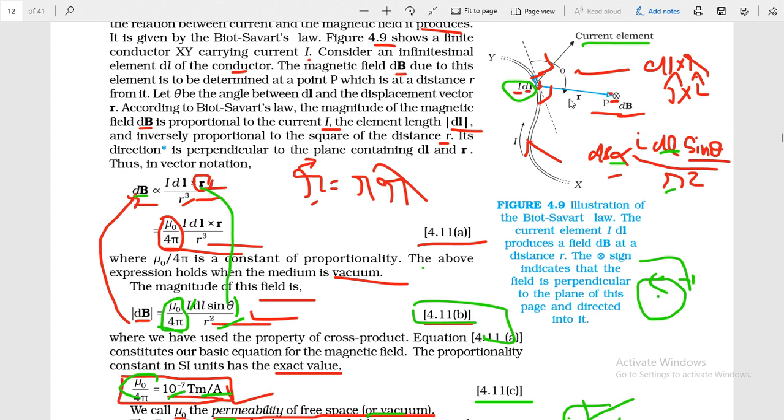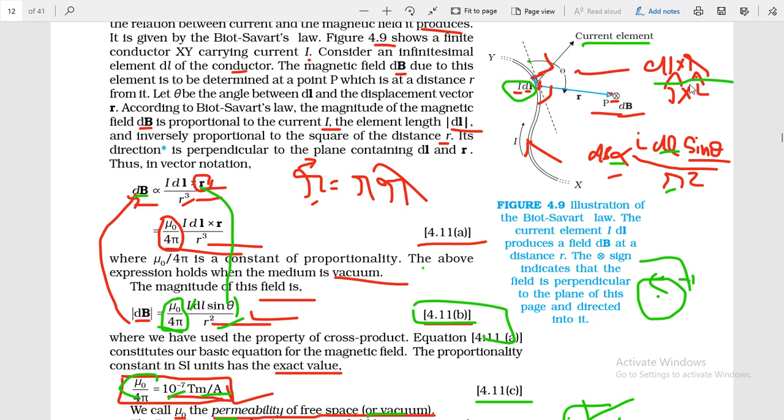In this diagram you can see that this dl can be taken along the y axis, and this r can be taken along the x axis. If we write dl cross r, it means we are taking the angle from dl to r.